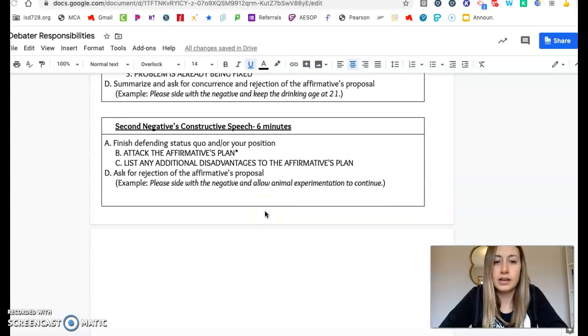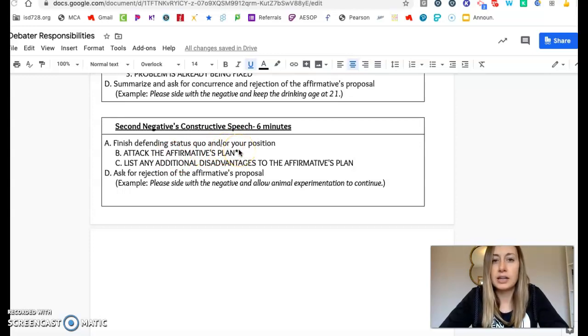The second negative constructive speech is going to finish defending the status quo and/or your position. If your partner started defending the status quo and your position, you're going to finish with that. Prove to us again why the status quo is good the way that it is. Attack the first affirmative's plan, or first and second affirmative, I guess.